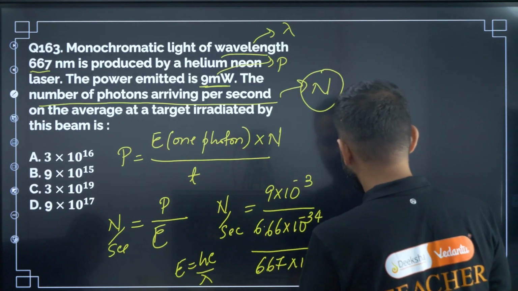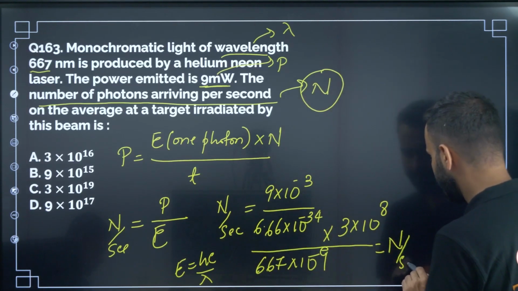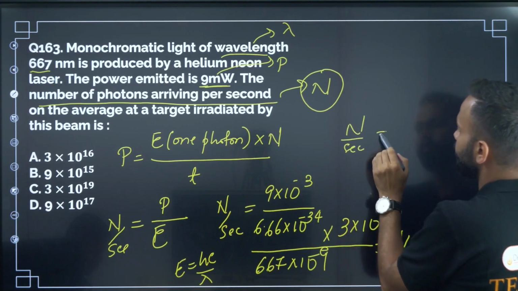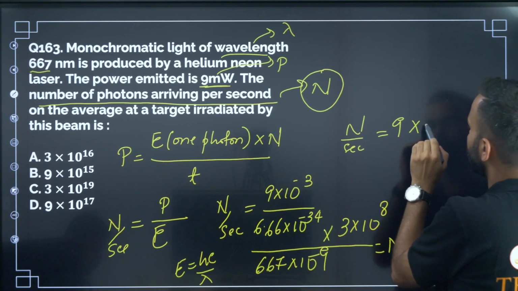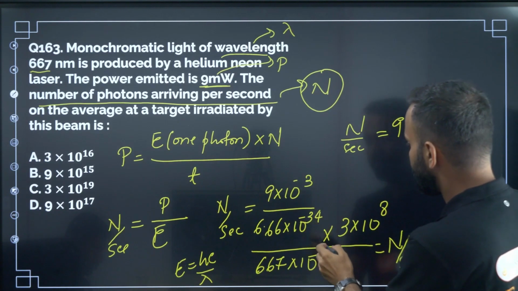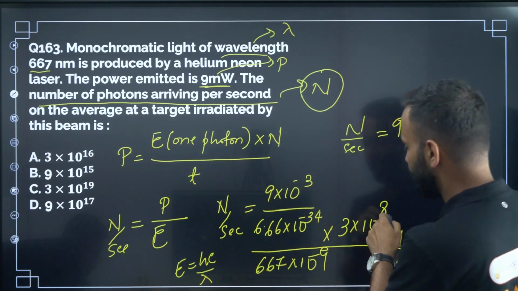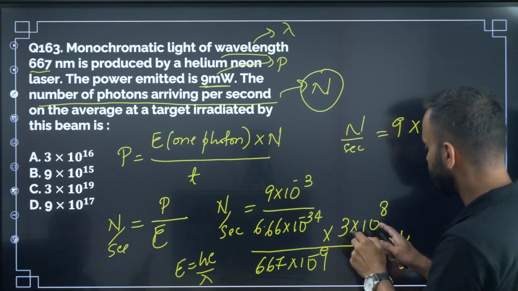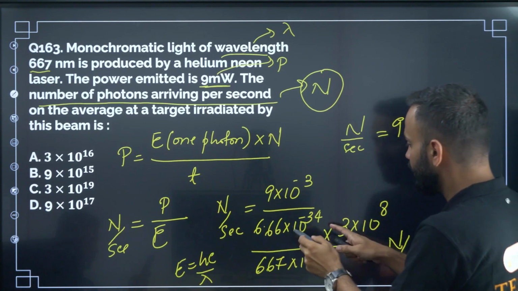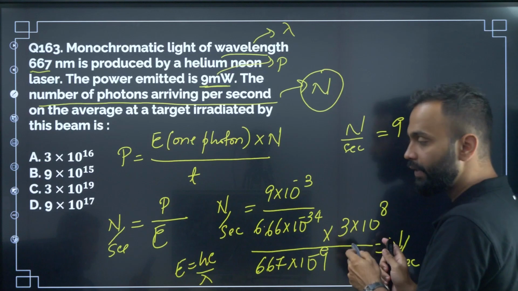So you solve this. If you solve this, you will get the number of photons arriving per second equal to 9 into 10 to the power minus 3, into 10 to the power 8 divided by 10 to the power minus 9, that is 10 to the power 17. 10 to the power minus 34 into 10 to the power 17 is 10 to the power 17.